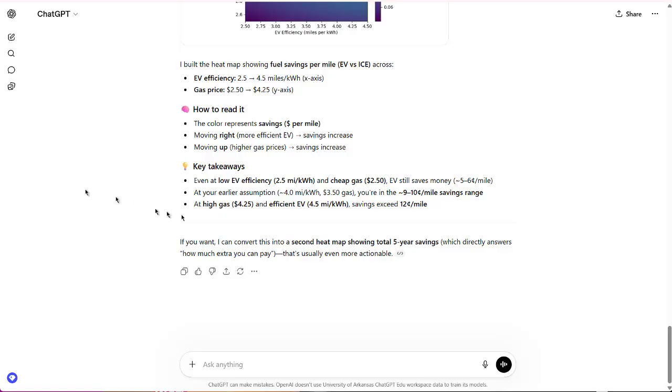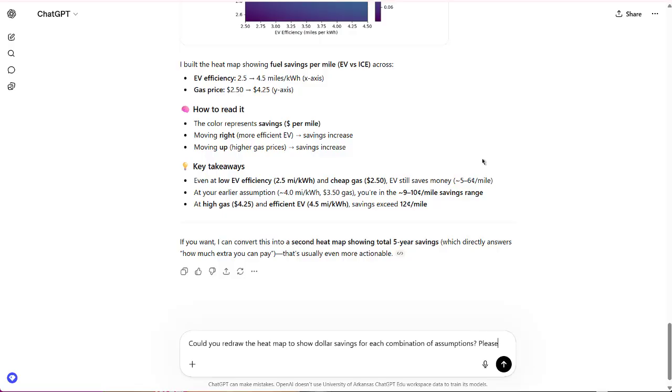Here it says, if you want to convert this into a second heat map showing total 5-year savings, and so that's what I'm going to ask. Could you please redraw the heat map to show dollar savings for each combination of assumptions?